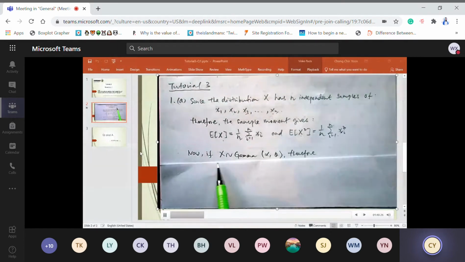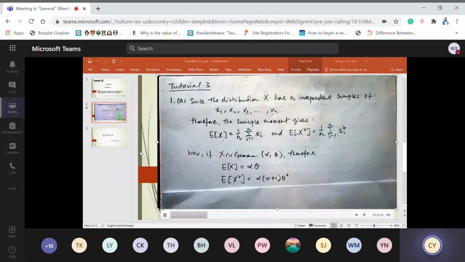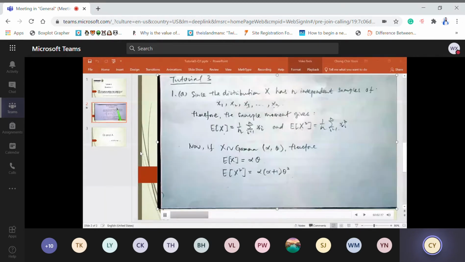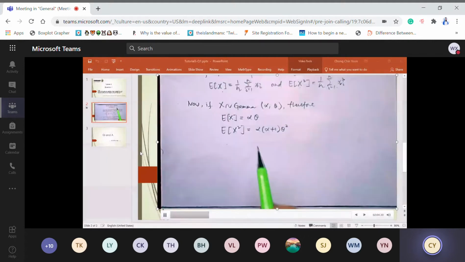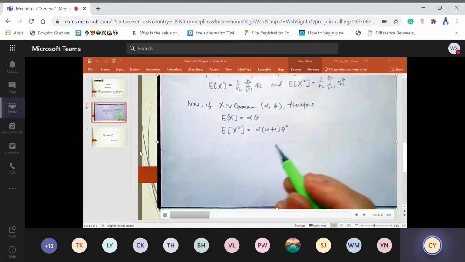Now, if x is gamma distributed with these parameters alpha and theta, therefore from table C, we will have the first raw moment and the second raw moment. That is these two. So from the second raw moment, we can rearrange.